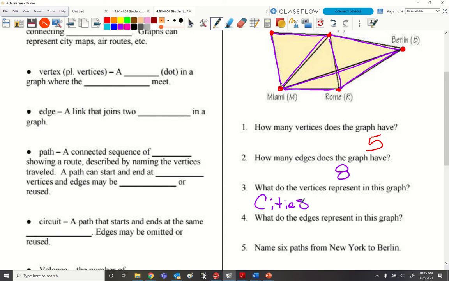Next one. What do the edges represent in the graph then? The distance, kind of distance, or the length. Routes? Is that what you said? Okay, why do you say routes? And how do we travel?